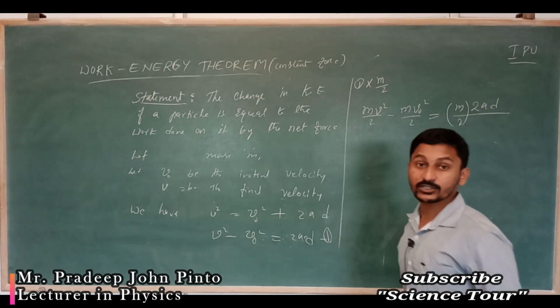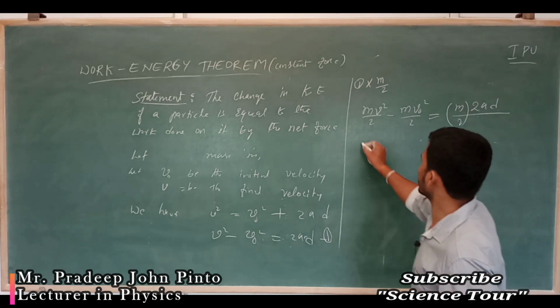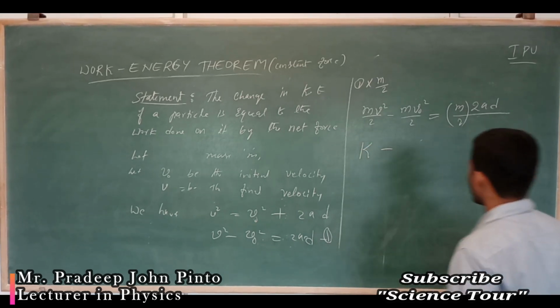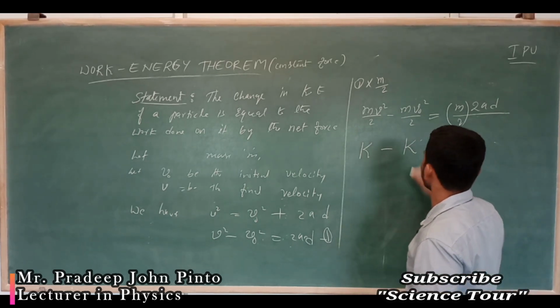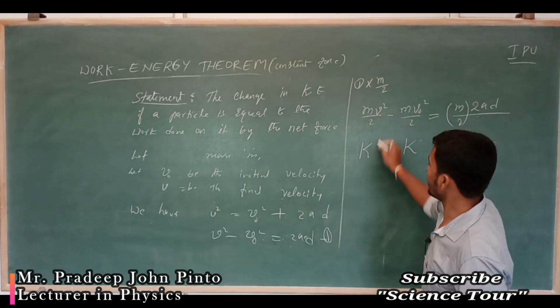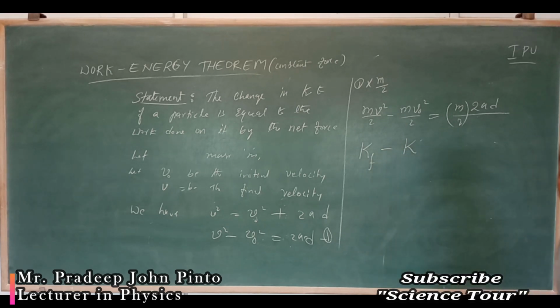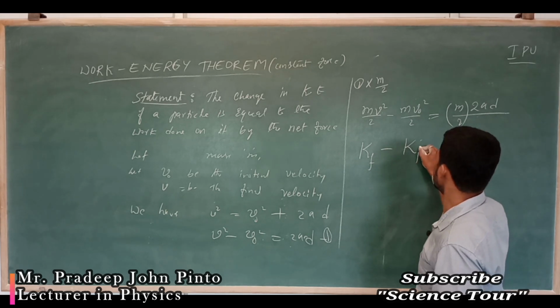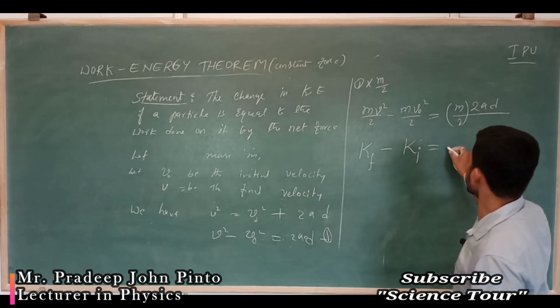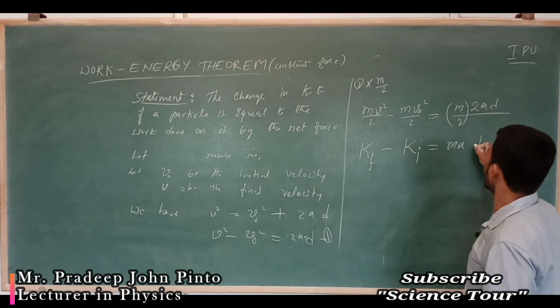M v square by 2 means what? It is kinetic energy. Minus m v naught square by 2 is also kinetic energy, but this is final velocity, so it becomes final kinetic energy. This is initial velocity, so it becomes initial kinetic energy. The 2 cancels, and you are left with ma and d.